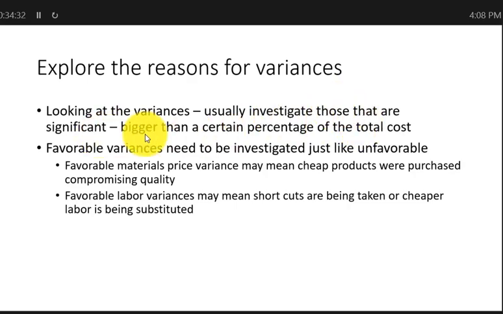Investigate those that are significant. That may be 5%, it may be 10% of the total cost. So if your chocolate chip planned cost was $80,000, you might look if your variance was greater than $8,000, or you might decide to investigate anything more than $4,000. That's 5%.